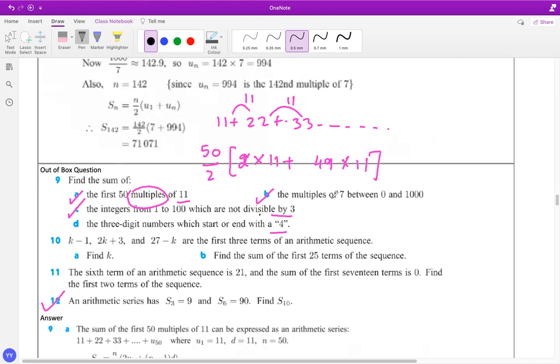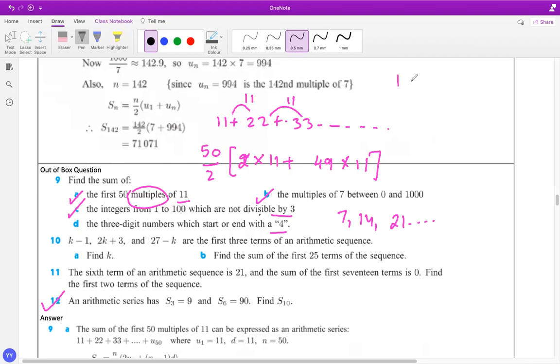Then they're asking for the multiples of 7 between 0 and 1000. What we have to do is first write down the first few terms and find the last multiple of 7. So 7, 14, let's say 21, and so on. And we have to find the last multiple, from behind. How do I know? I can't just say 1000 is a multiple of 7.